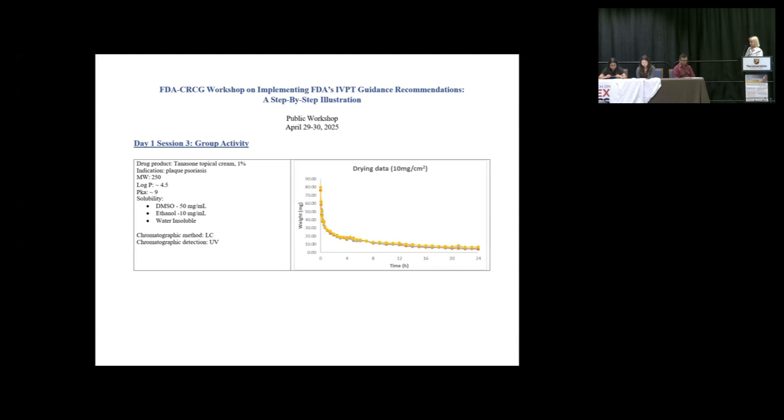So, based on the solubility testing of the API, it could also be concluded what receptor solution could be used, whether it be just pure PBS solution or whether a surfactant could be added to increase the solubility of the API.